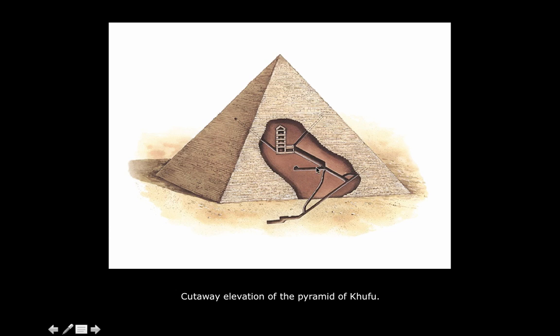This one has a couple of trick chambers, which was pretty common. So these pyramids get looted like crazy because everyone knows that kings get buried with all their jewels and their dinnerware and food and all kinds of things. So looters rob burial tombs on the regular. And so they get smart about this and begin to make some false entrances here and there to kind of lead them astray.